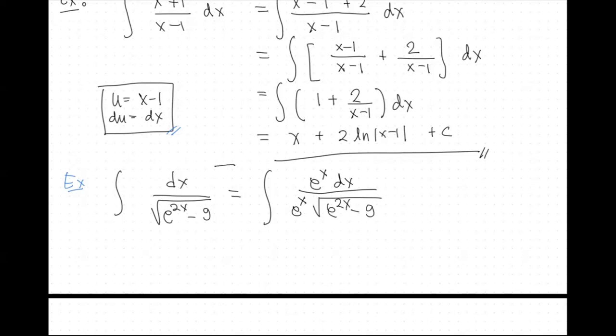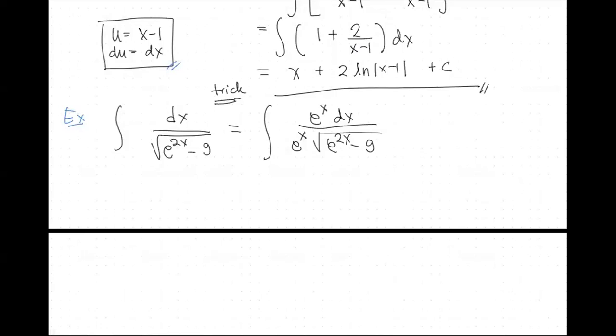This is your trick. This is just a comment; you can just not write it in your solution. Okay. So if we get this one, u is e to the x, then du is e to the x dx, and your a is 3, since the square root of 9 is 3.